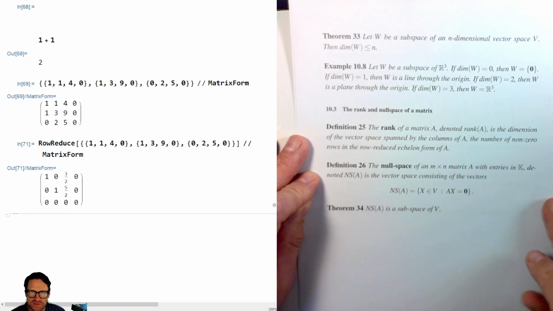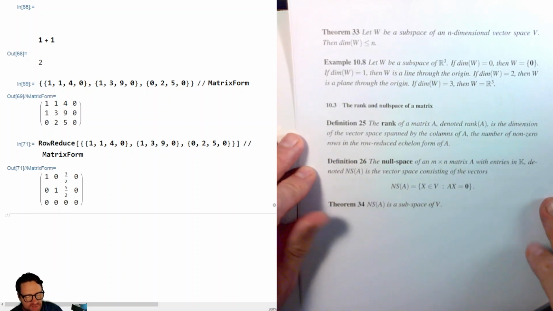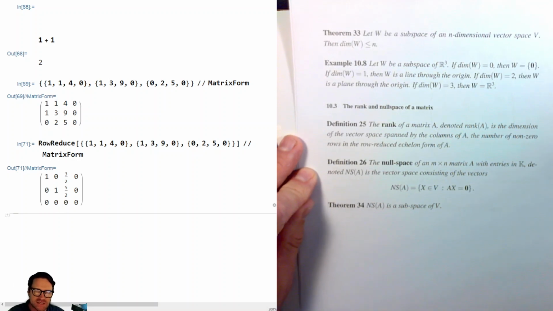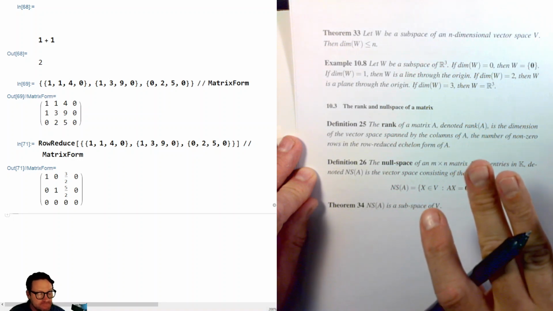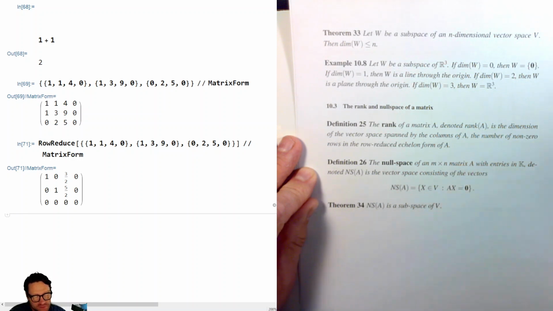All right, so you try to visualize this now. Then the dimension of those vectors parallel to the plane has to be dimension 2, which is less than or equal to 3, right?